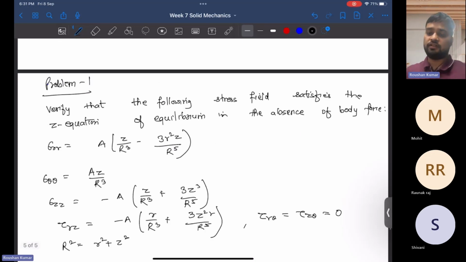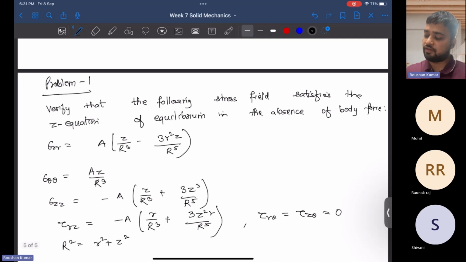So we have to basically check whether the stress field satisfies the Z equation of equilibrium or not.